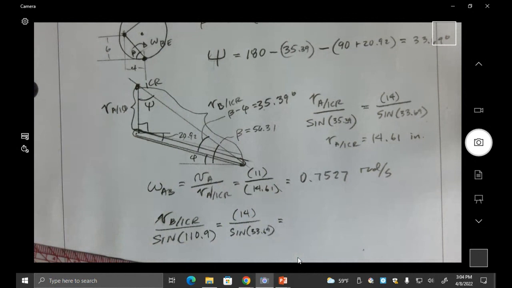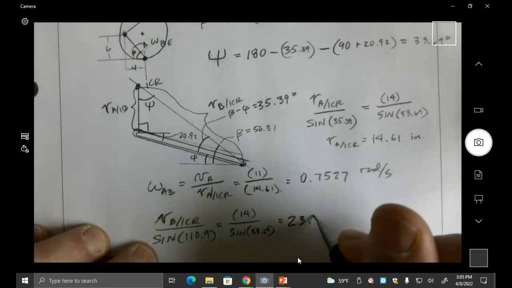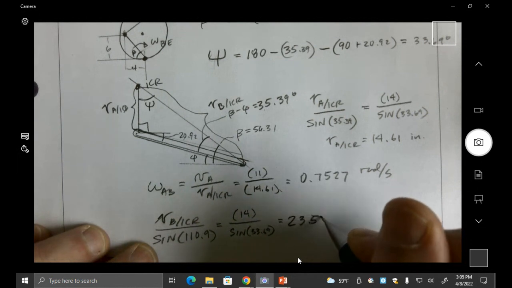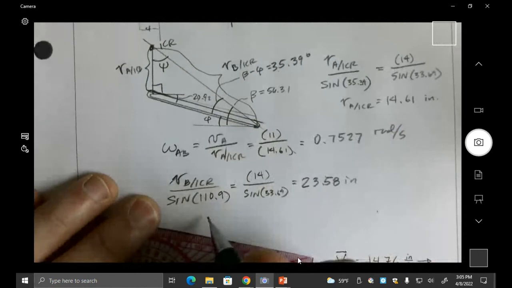So 14 and 33.69 sine, divide, okay? And we'll take the sine of that and multiply, and I get that this is 23.58 inches.